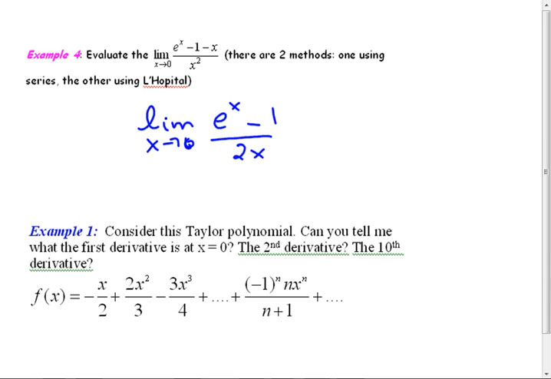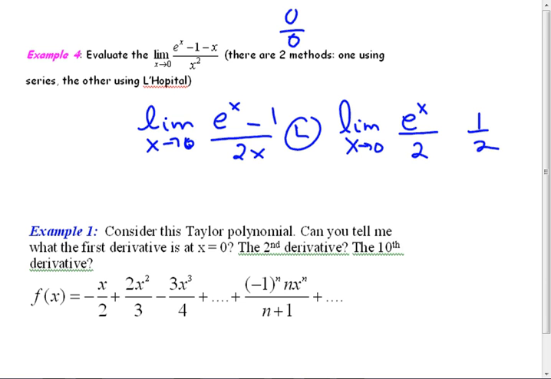Guess what? I still get 0 over 0. So we have to do L'Hopital again. If it's free response, you must write 0 over 0. You will not get the points. And so the derivative of e to the x minus 1 is e to the x, and this is 2. Now you put the 0 in, so it's 1 half.